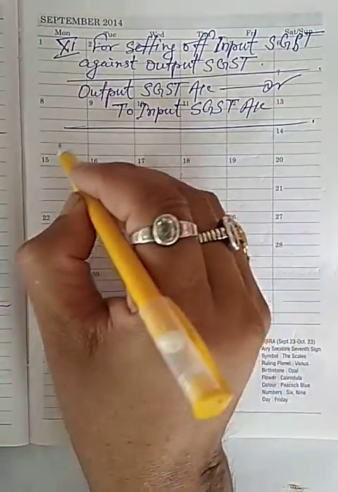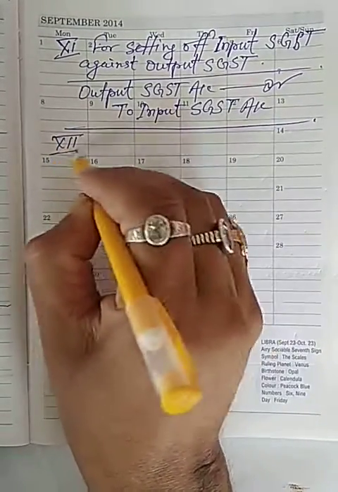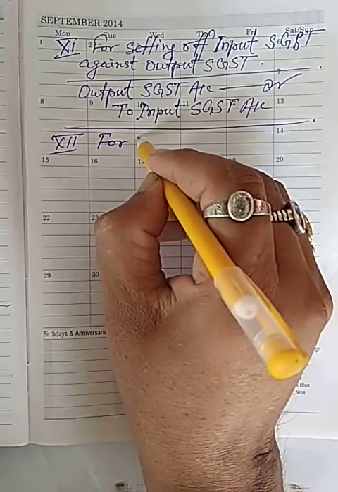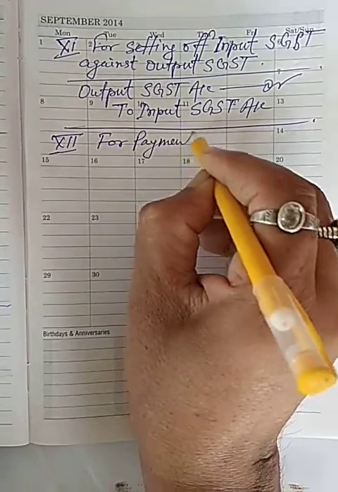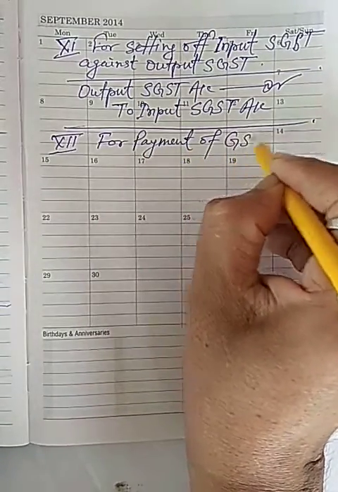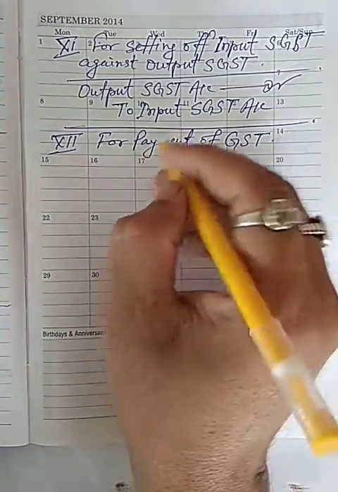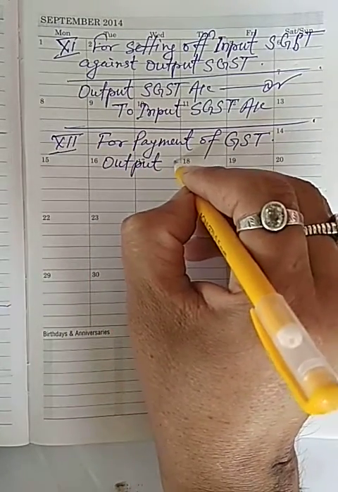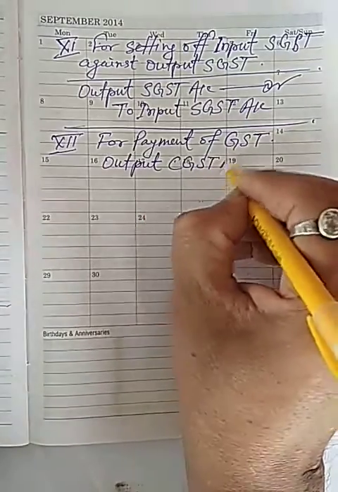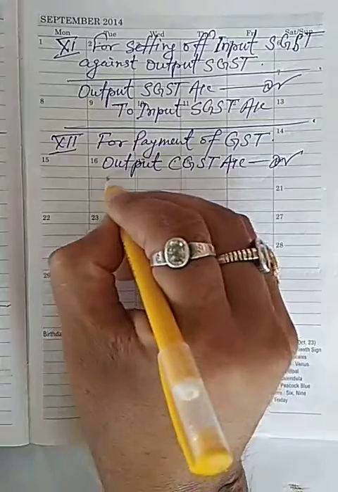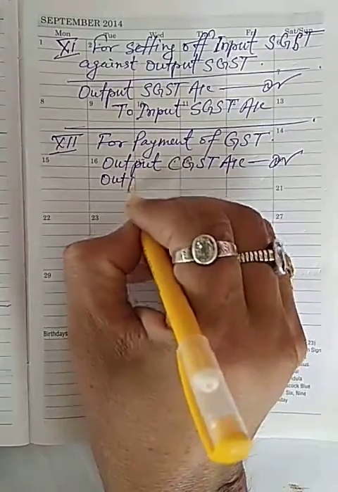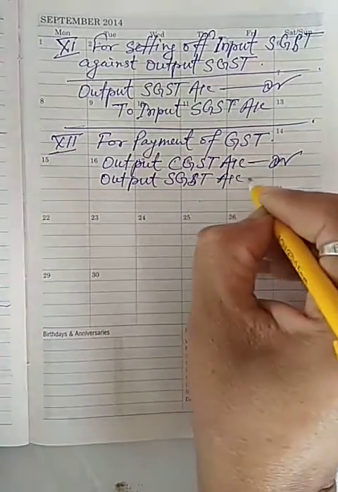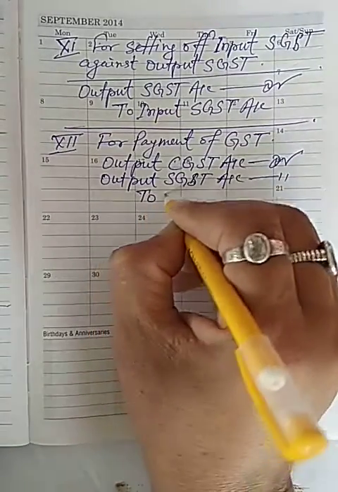Then, 12th, for payment of GST, journal entry will be: output CGST account DR, output SGST account DR, to bank account.